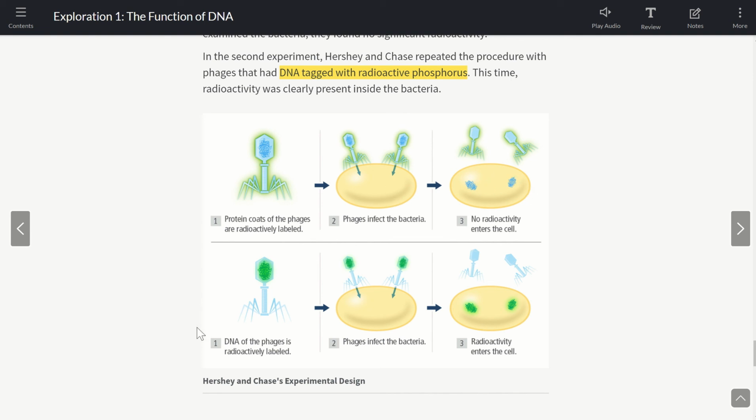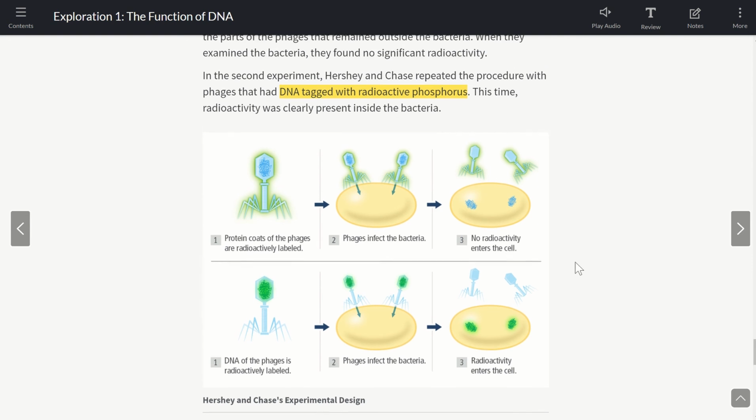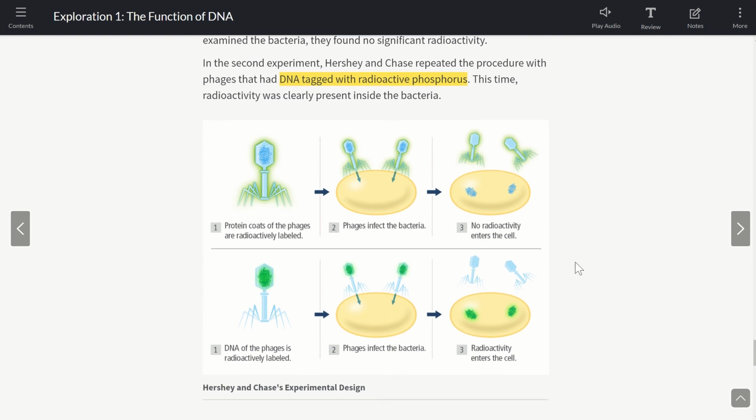Now, the second one they did is they used phosphorus, and phosphorus is an important component in DNA. So they used radioactive phosphorus to mark the second group of culture. In this group of culture, as you can see, the DNA was injected containing the phosphorus material, and that is what actually reproduced.